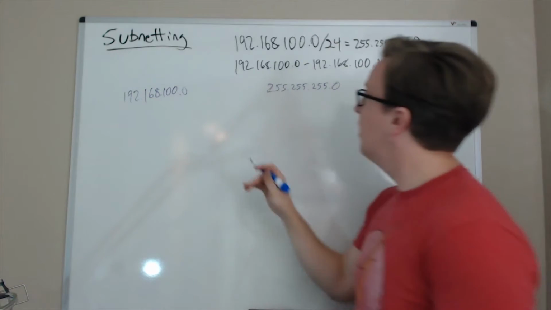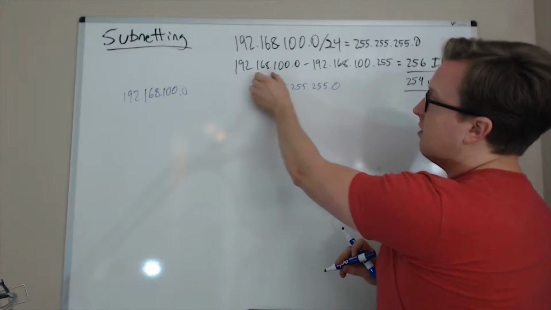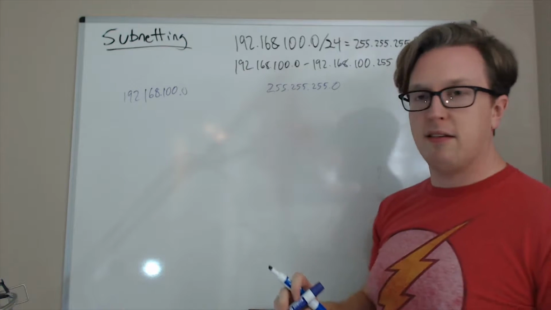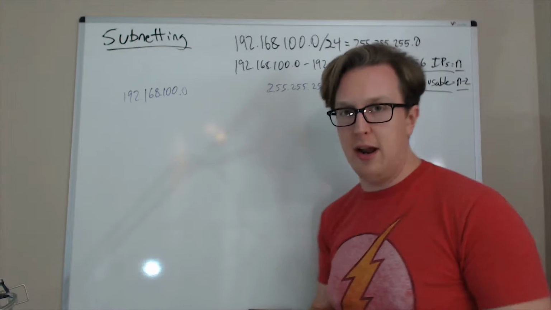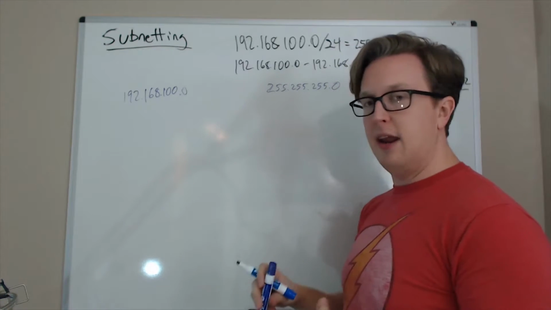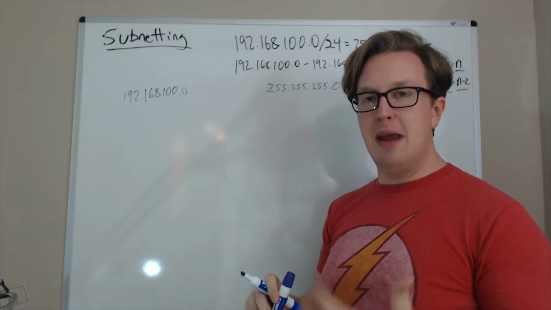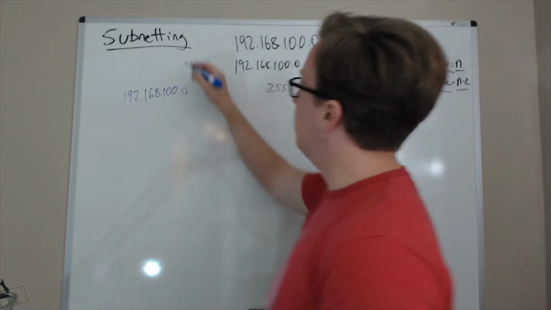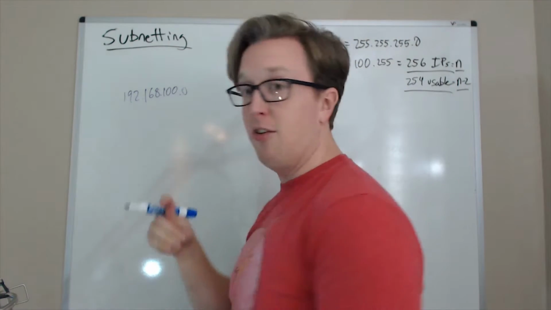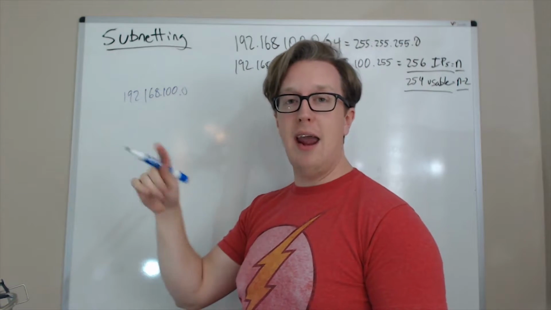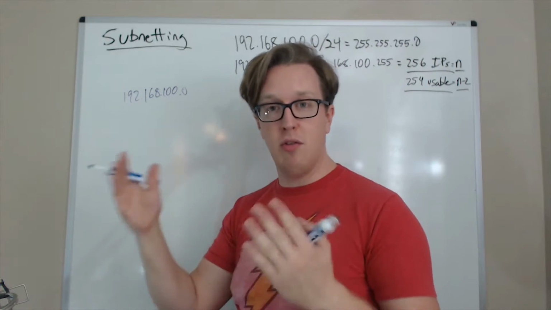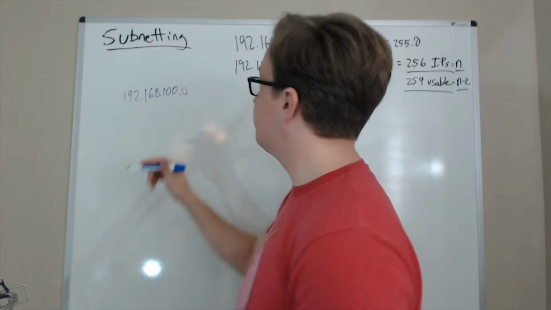Each one of these sections in an IP address is called an octet. The reason it's called an octet is because it's created using an 8-bit binary number. 8-bit binary means that there's just 8 ones and zeros within the section.